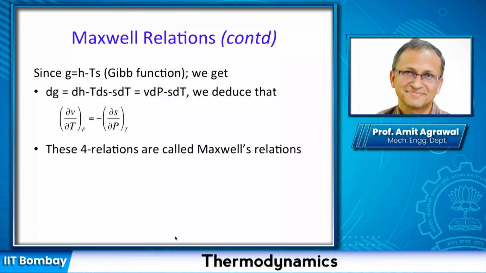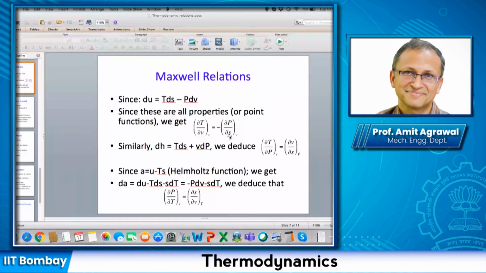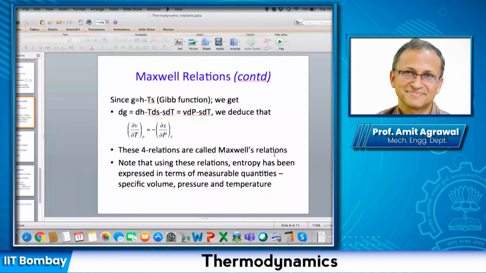Now, what you see here, which is common in all these relations, is that the quantities that get involved are T, V, P, and S. So these are the four quantities that are involved: T, V, P, and S, and similarly S, T, S, and P.